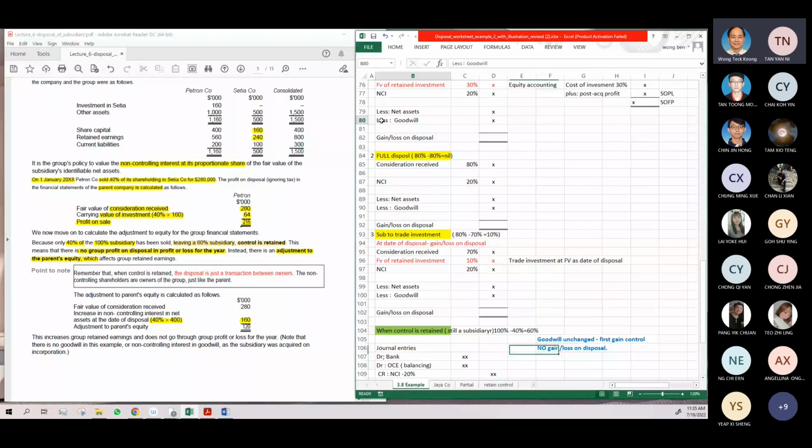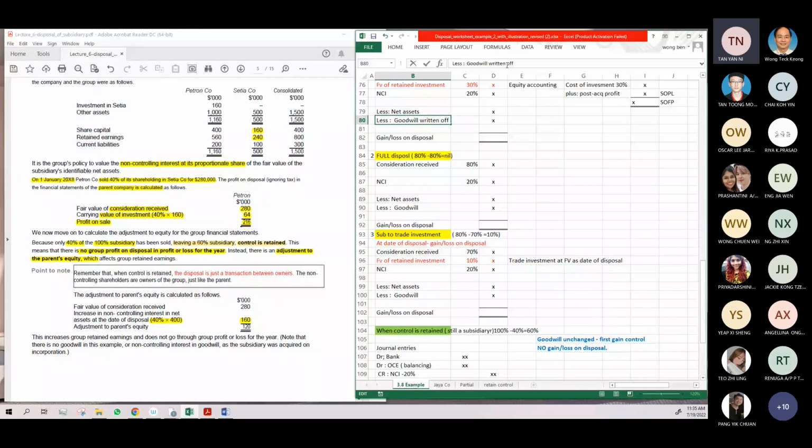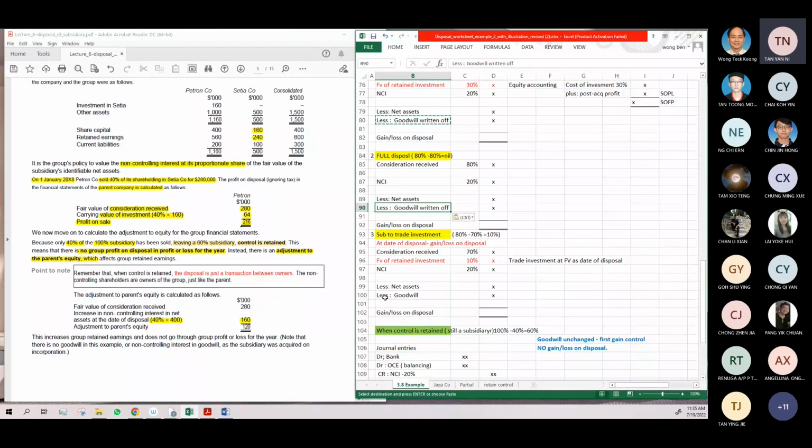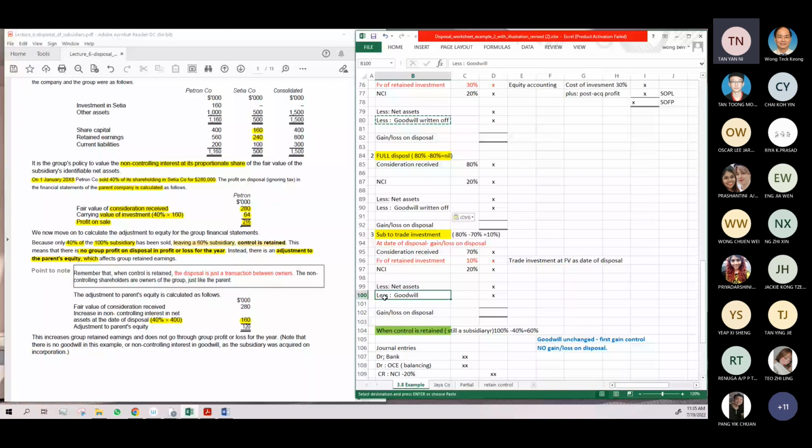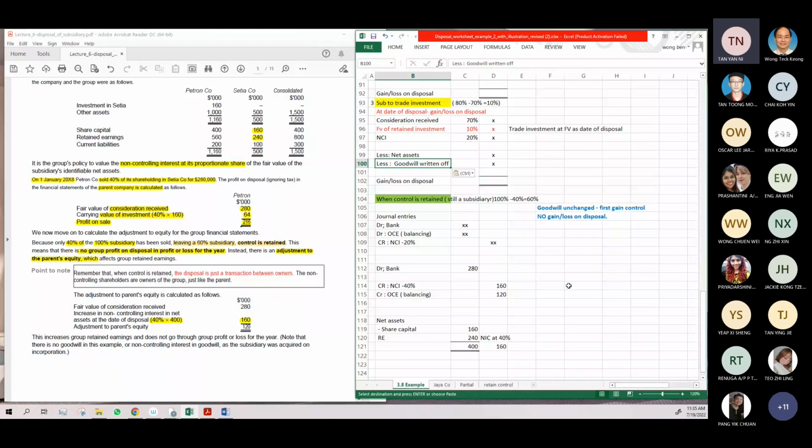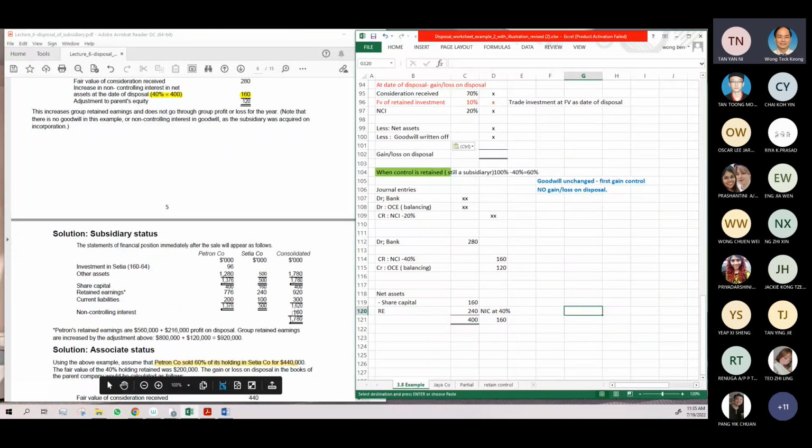Okay, goodwill written off here. Then no more control. You lost control. Okay. So when you do consolidation, it's easier, just add across.